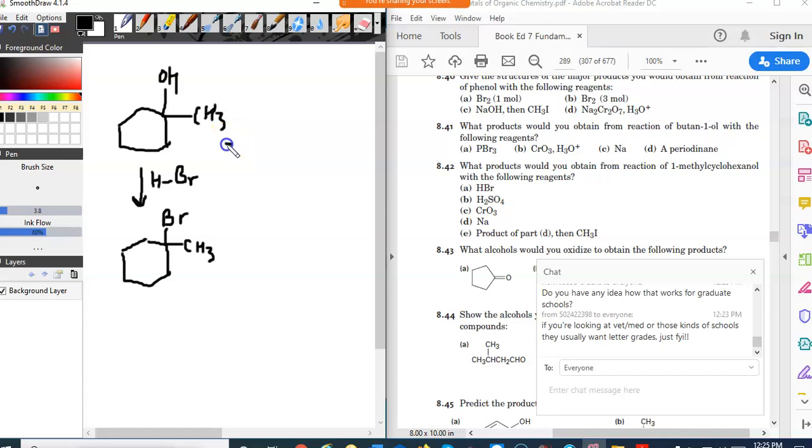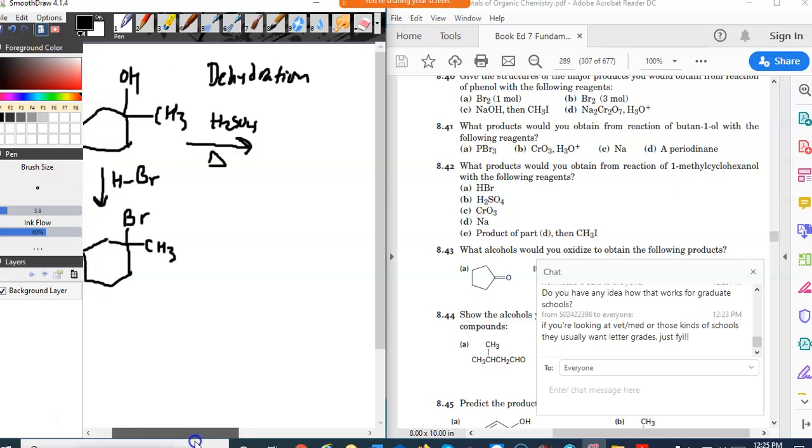H2SO4, so that is acid. Usually you add heat to this. In class I told you guys that they have to add heat to this. This is a dehydration reaction. And remember, this goes Zaitsev's rule. We talked about this yesterday. I was actually very impressed that you guys know how to spell Zaitsev. So you're going to get the more substituted.